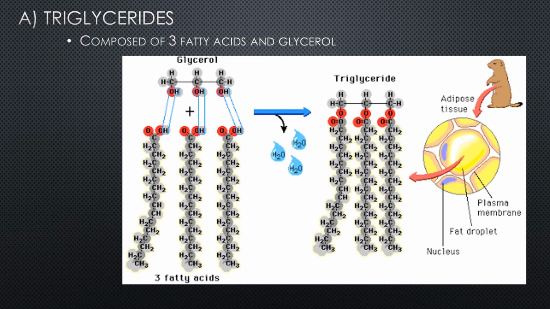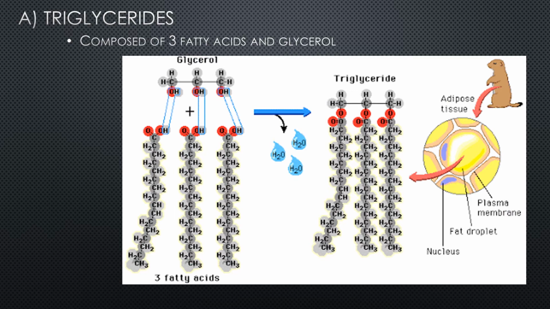So let's start with triglycerides. Just as the name would imply, tri being 3, triglycerides are made up of 3 fatty acids and a glycerol molecule. And when we go through the dehydration synthesis reaction, we combine those together into a triglyceride.